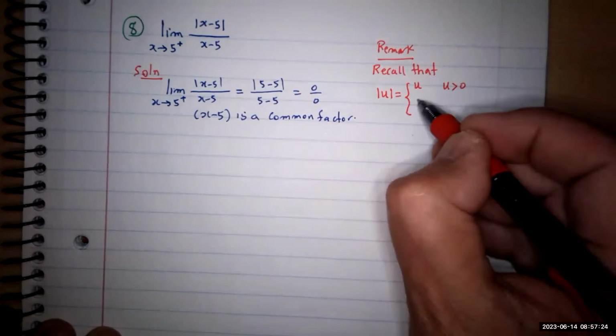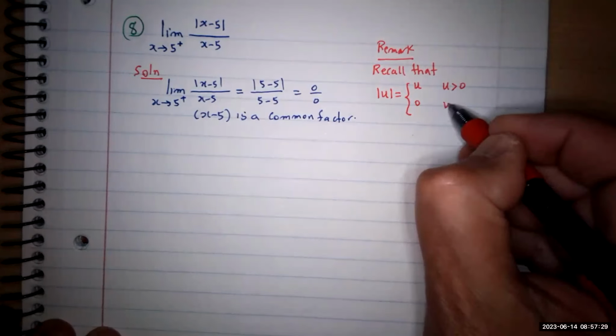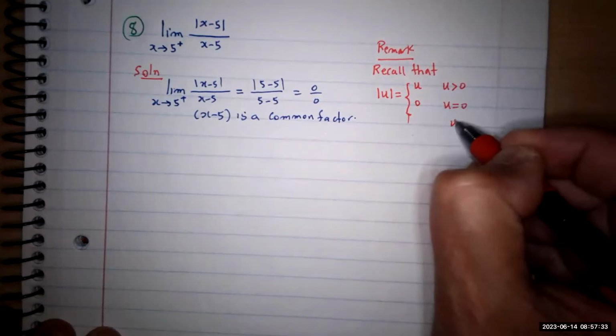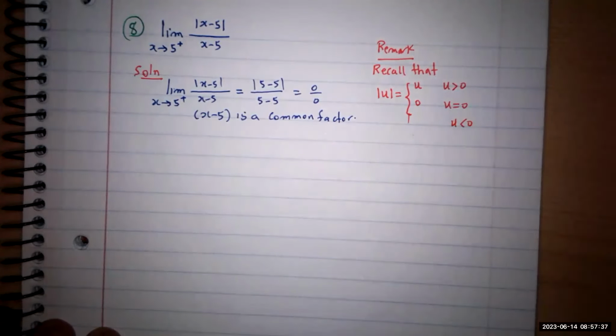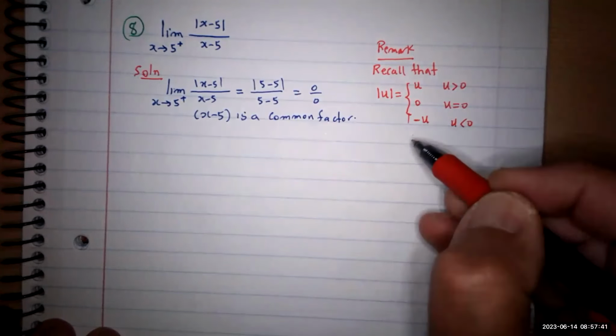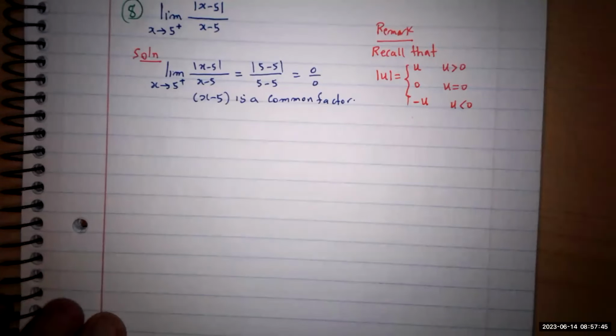If u is 0, then that would be 0. But if u is negative, the result of the absolute value must be positive all the time, so we switch it into negative u. This is the definition of the absolute value.